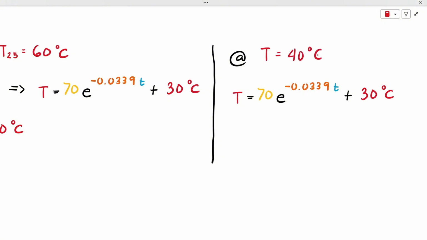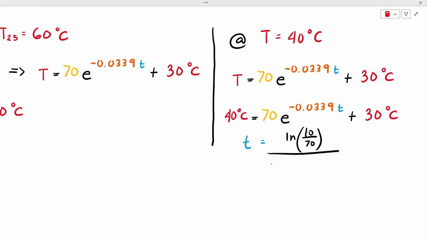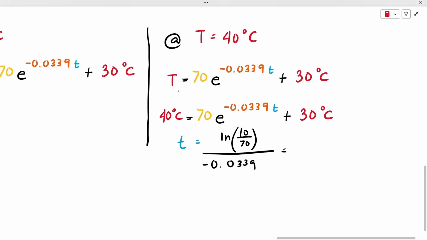Further evaluating and equating to time t, we obtain ln of 10 over 70, all over this proportionality constant, negative 0.0339, and the answer will be 7.4151 minutes.